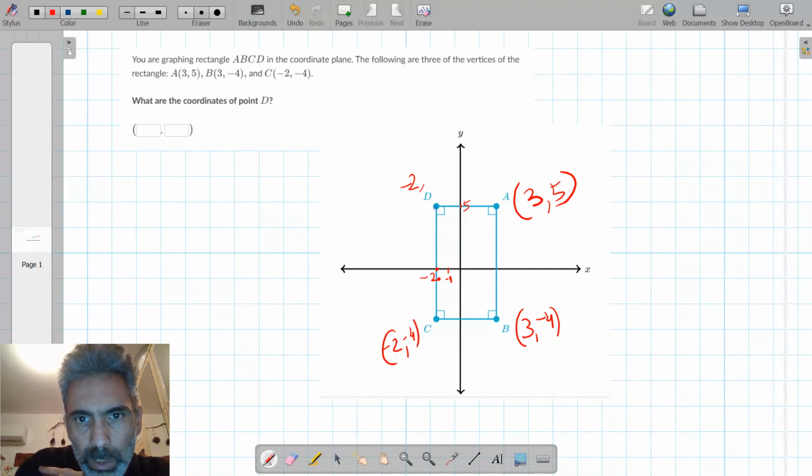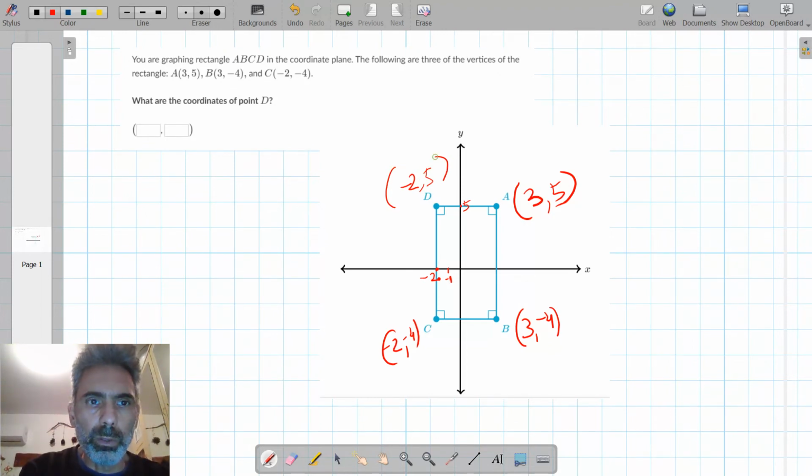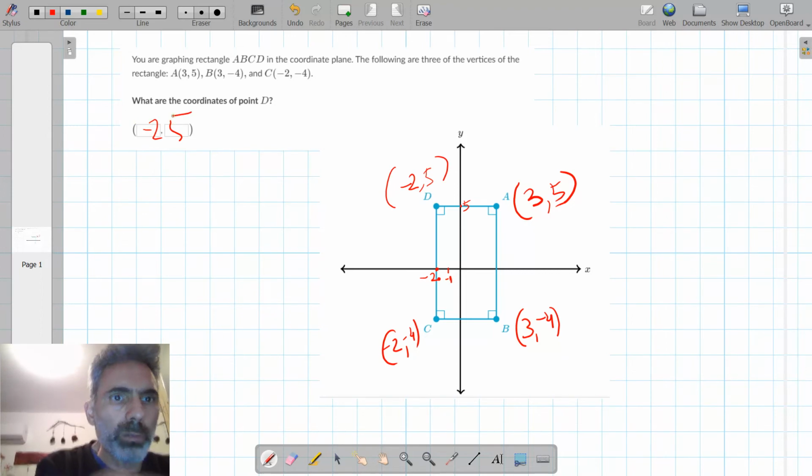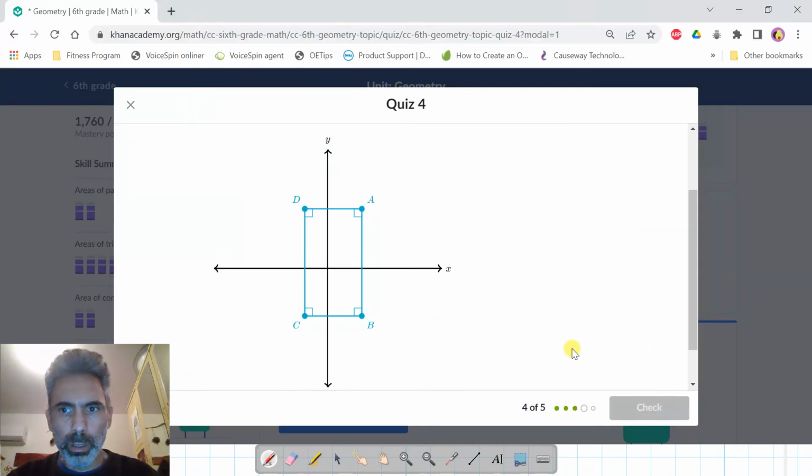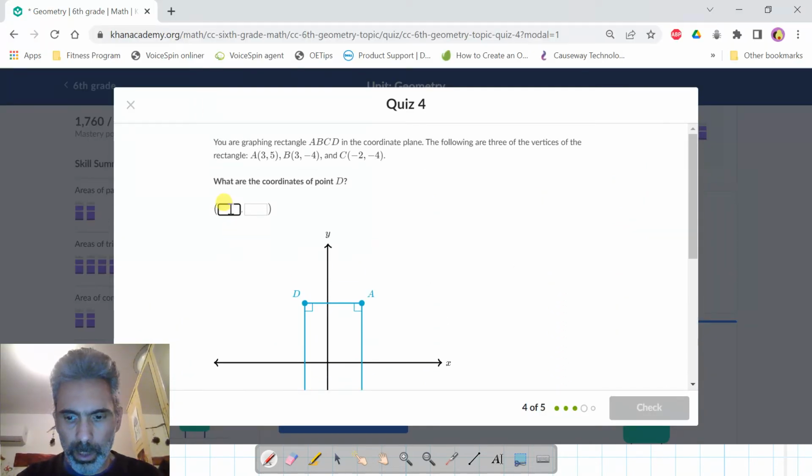So D has a y coordinate of 5. So the coordinates of point D are -2 and 5. Let me fill in the answer: -2 for the x-axis and 5 for the y-axis.